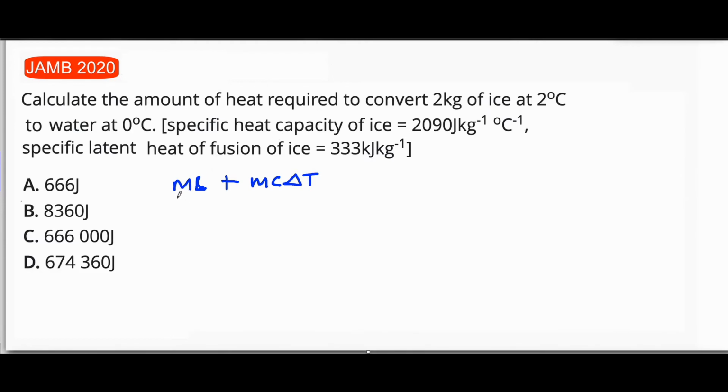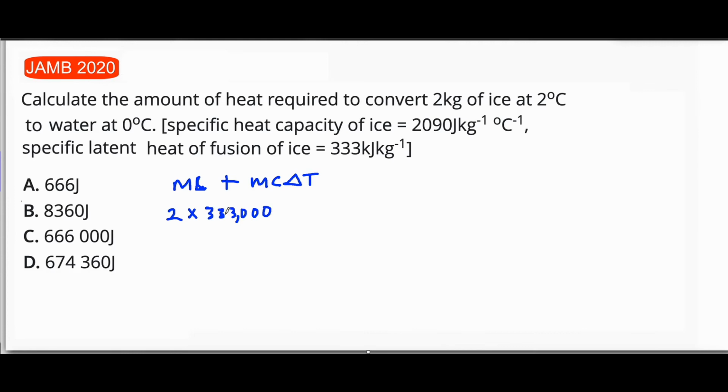The mass we're looking at in question here is 2 kg times the latent heat of fusion, which is what? 333 kilojoules, which means we're talking of 333,000 joules.